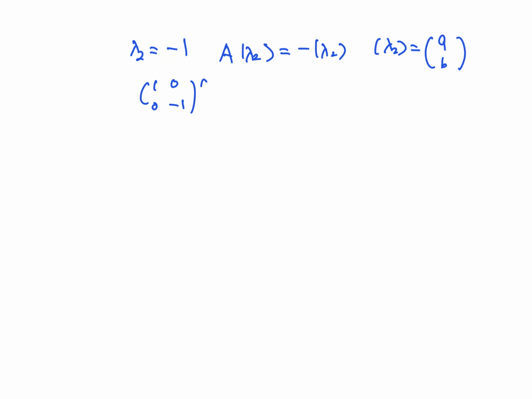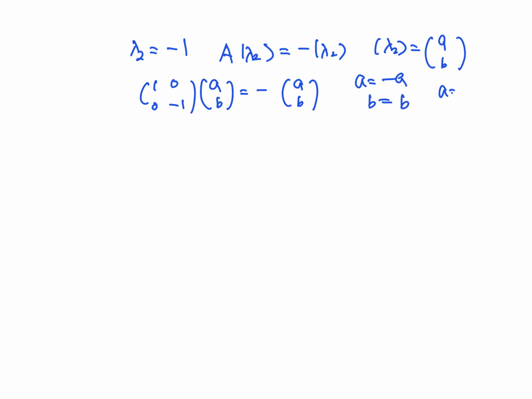Lambda 2 is minus 1, right? So A lambda 2 is minus lambda 2. Say lambda 2 is again (A, B). So we can say [[1, 0], [0, -1]] acting on (A, B) is minus of (A, B). So A equals minus A, B is equal to B, right?